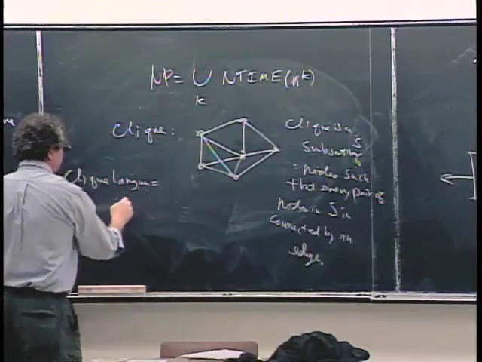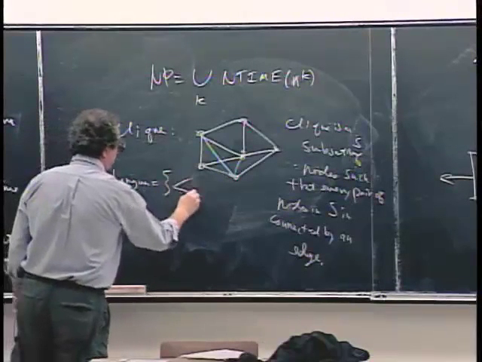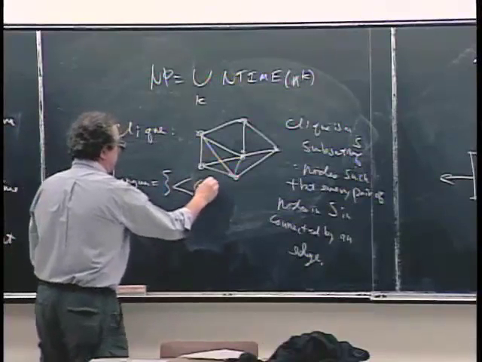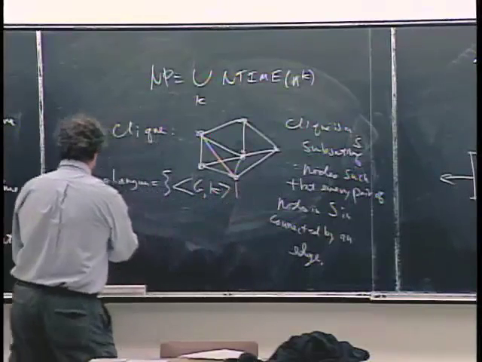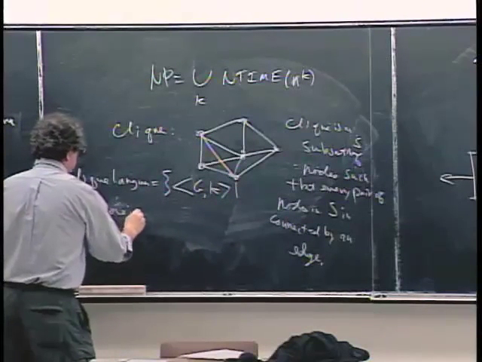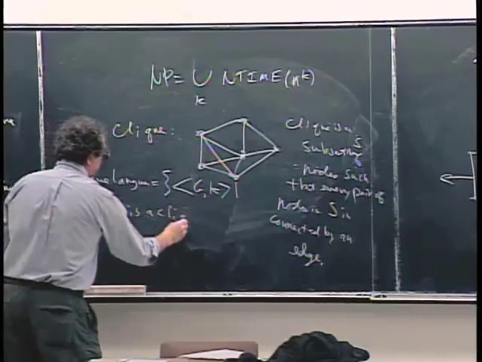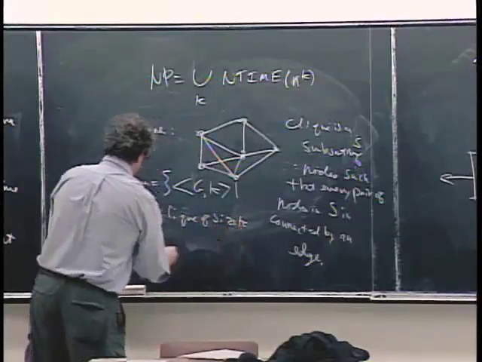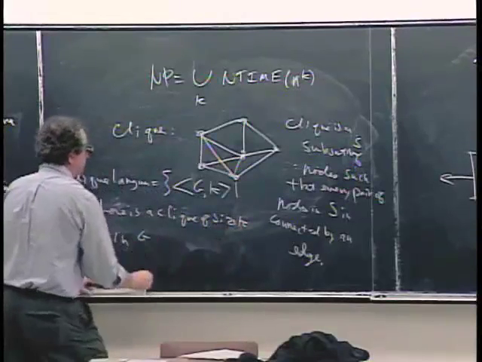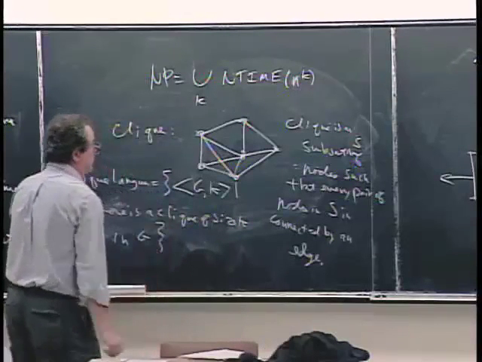equals, well, the input is going to be a graph G and a target K such that there is a clique of size K in G. Okay?